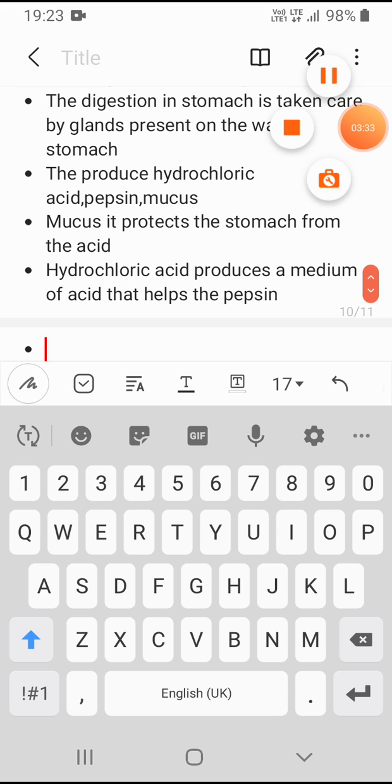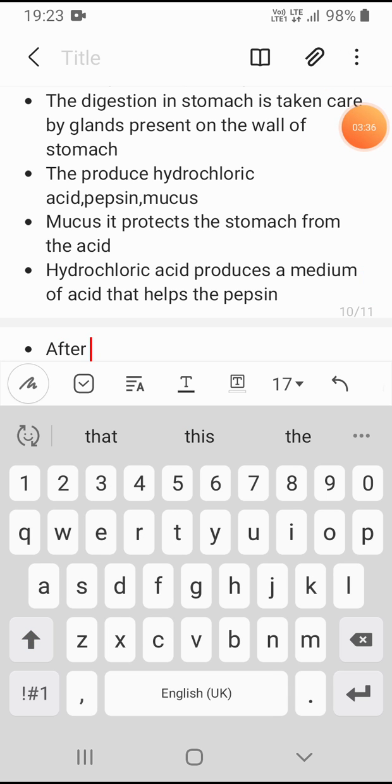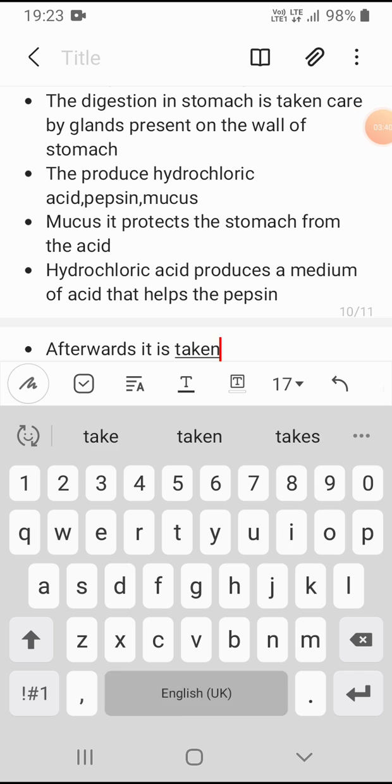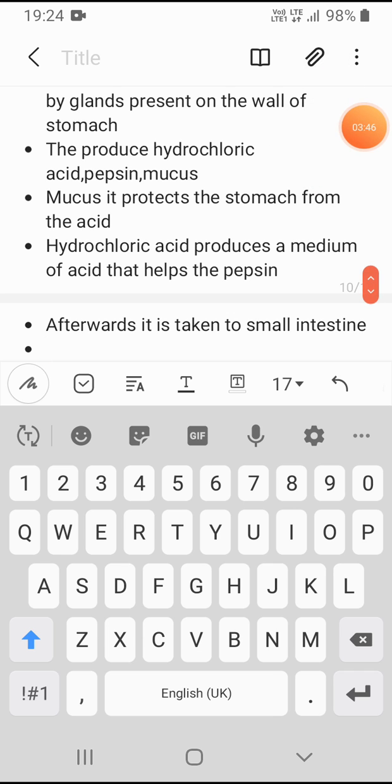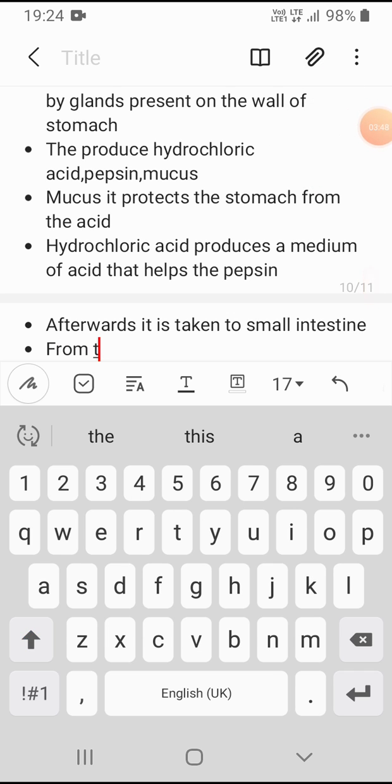Afterwards, the food is taken to the small intestine after this acid works on it. After that, it now enters the small intestine.